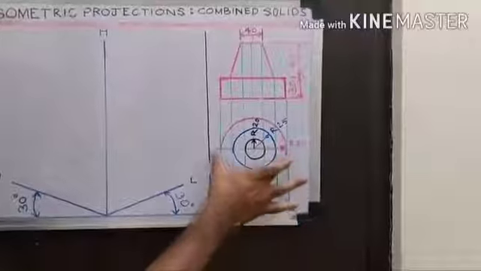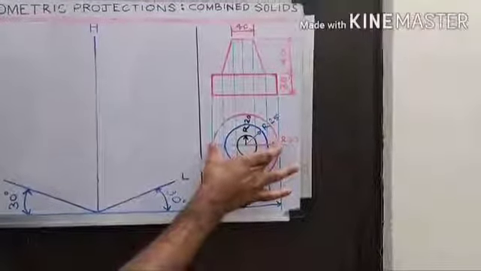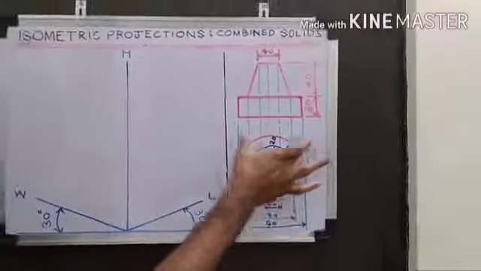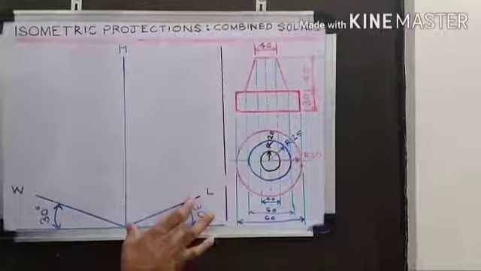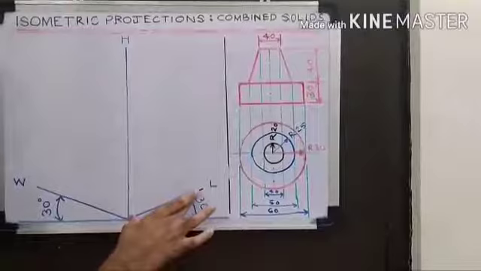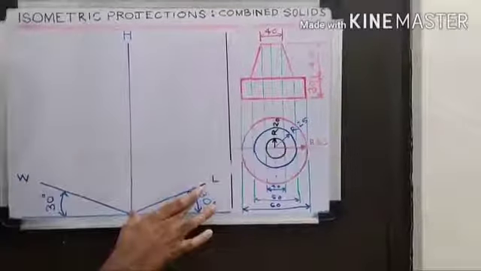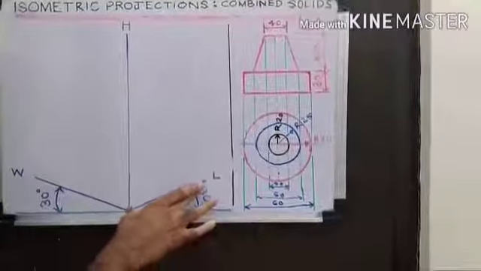I am measuring this from the slab, from cylindrical slab bottom diameter. This is slab diameter. Measuring it. Similarly, this length, by using a compass, you have to locate on length axis.